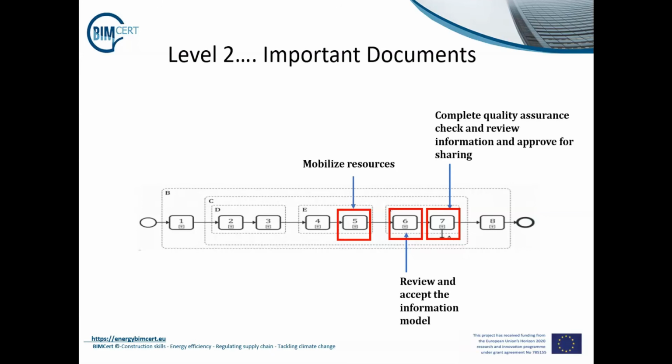And finally, 7 is where we look at the information model review to ensure that the quality assurance checks and the review for information is appropriate before handover.